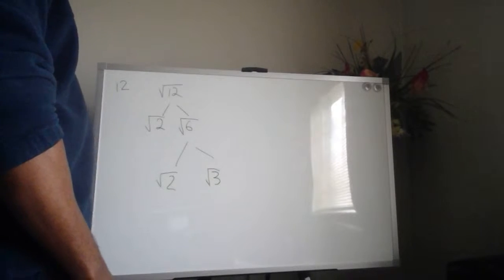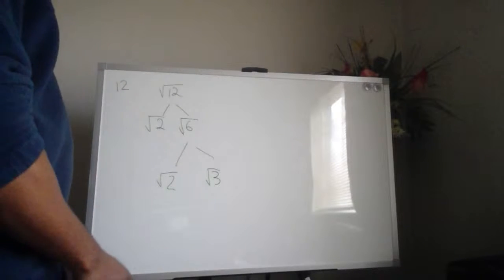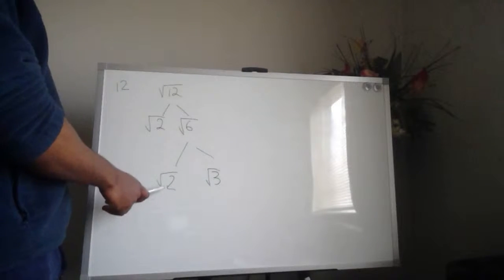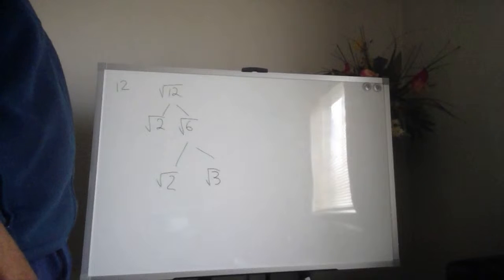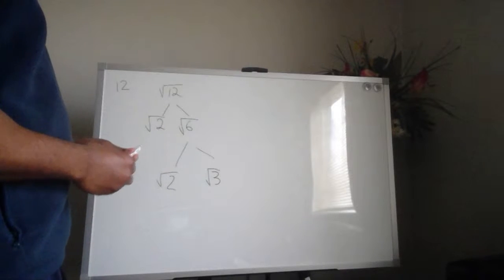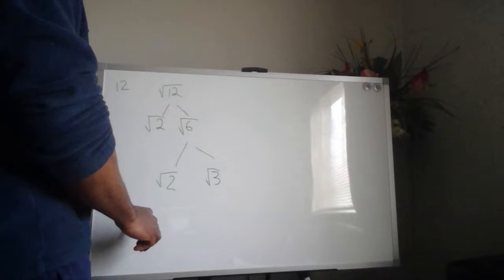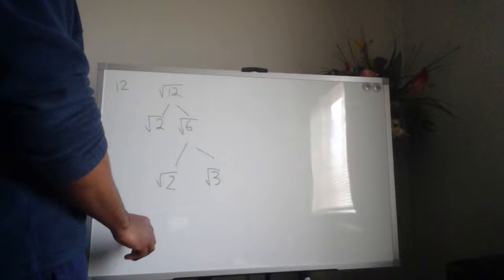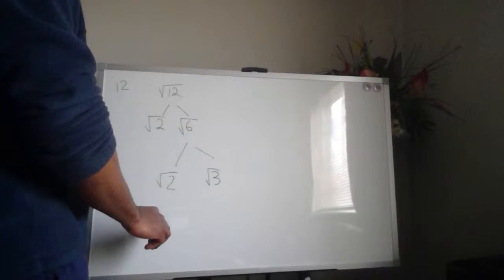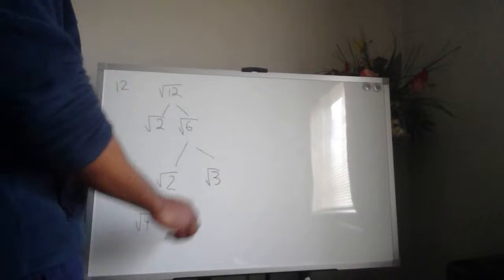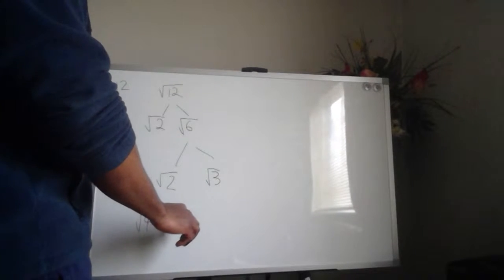But here, if you notice, we have 2 square root 2's. What that's going to become is square root 4. The 2 square root 2's are actually square root 4, and we have the square root 3 here.